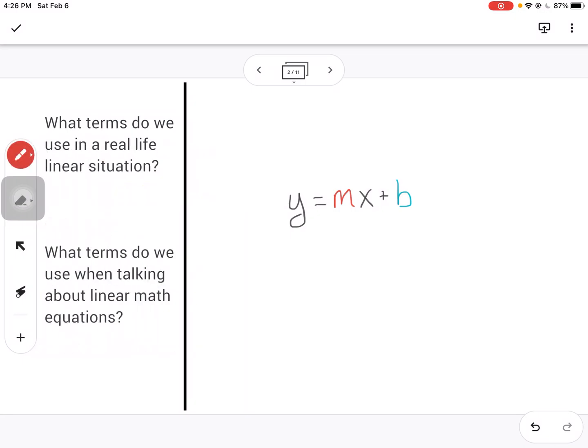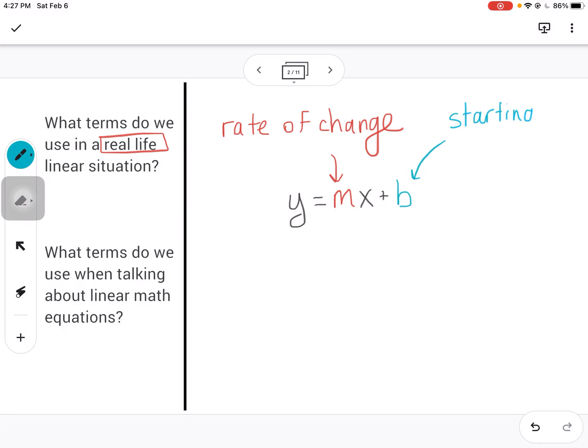When we looked at real-life situations, we usually call m the rate of change, and we usually look at b as the starting point. So that's when we are looking at a real-life situation. It usually will be called the rate of change and the starting point, or like how much you start with.